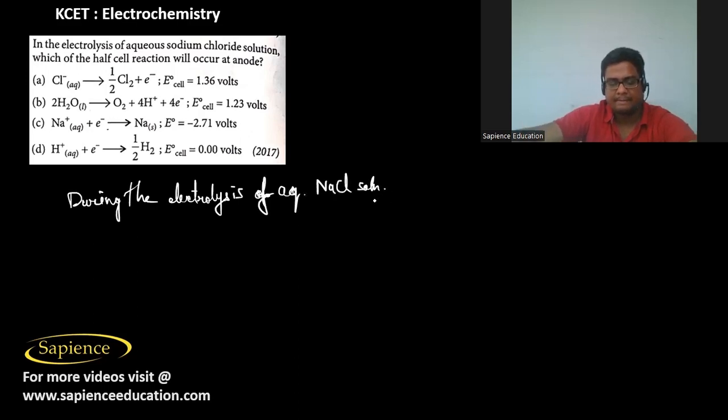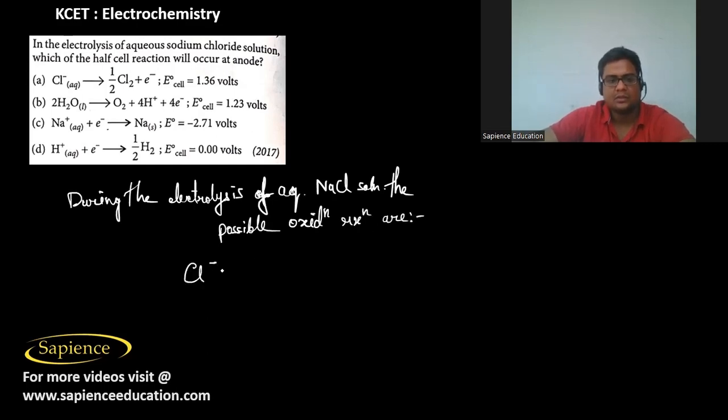So the rule is that during the electrolysis of aqueous sodium chloride solution, the possible oxidation reactions are: one is the chloride ion can be oxidized to chlorine molecule, and it will lose one electron.